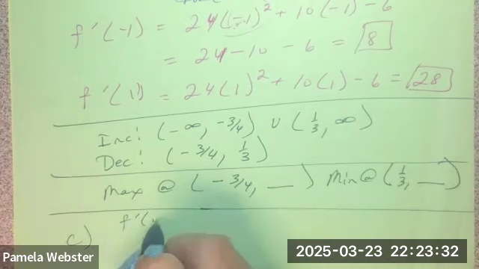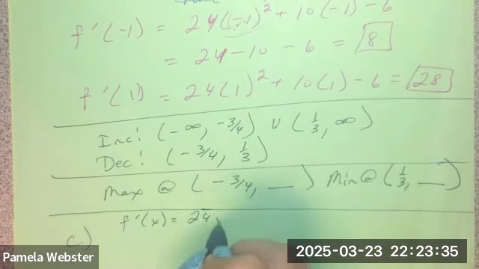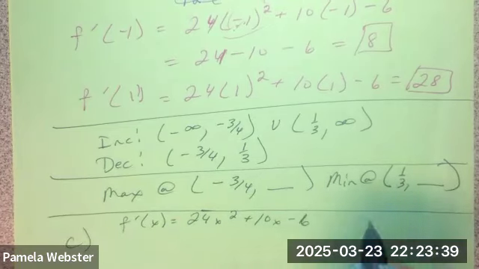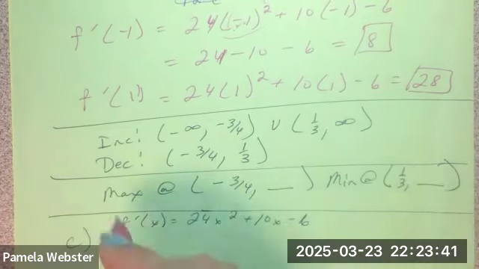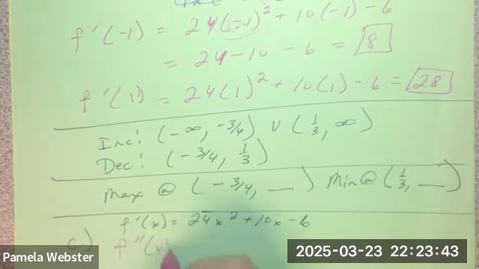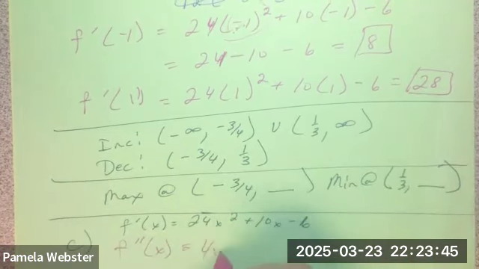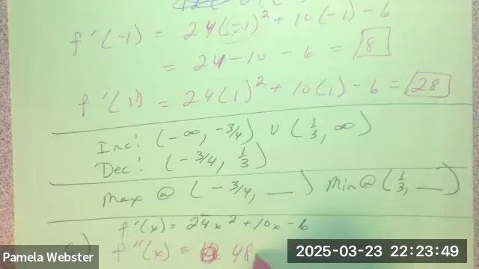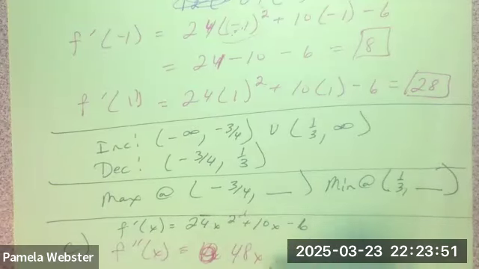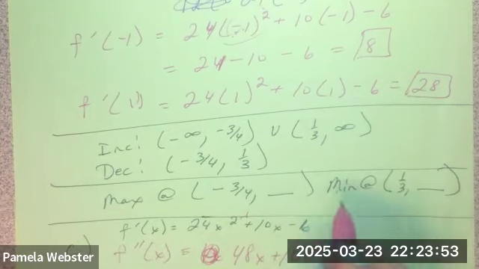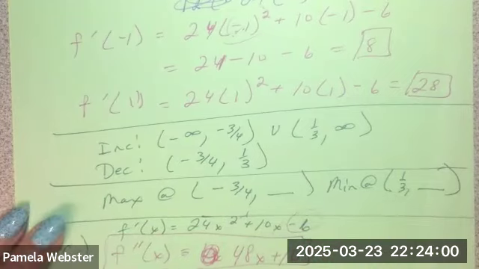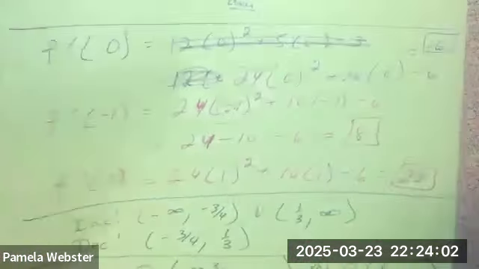Well, if f prime of x was 24x squared plus 10x minus 6, then f double prime of x is 48x to the first, right? Plus 10, that x goes away, that's a 0. So here's my f double prime of x. Good deal. That's part C.